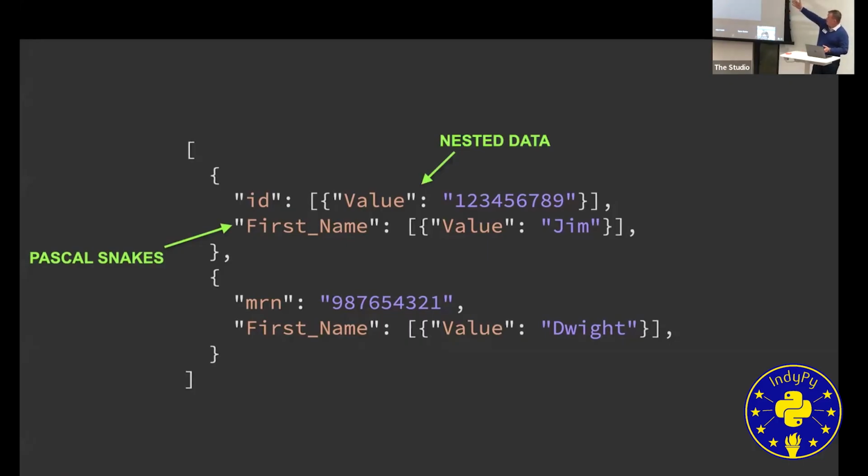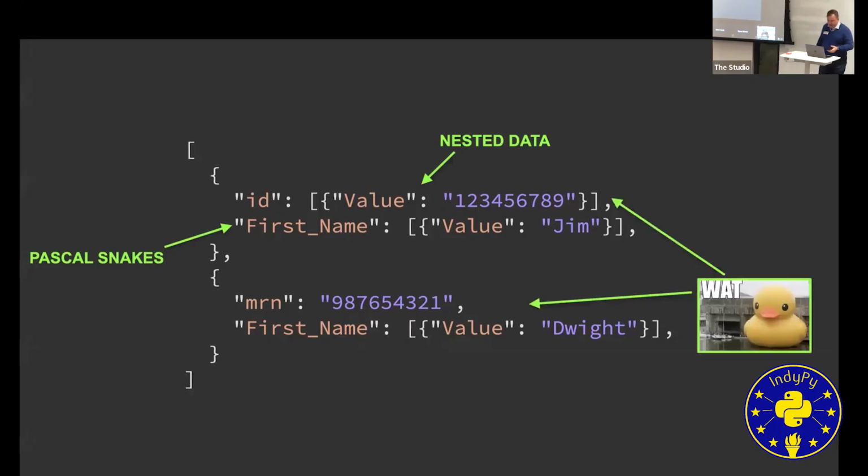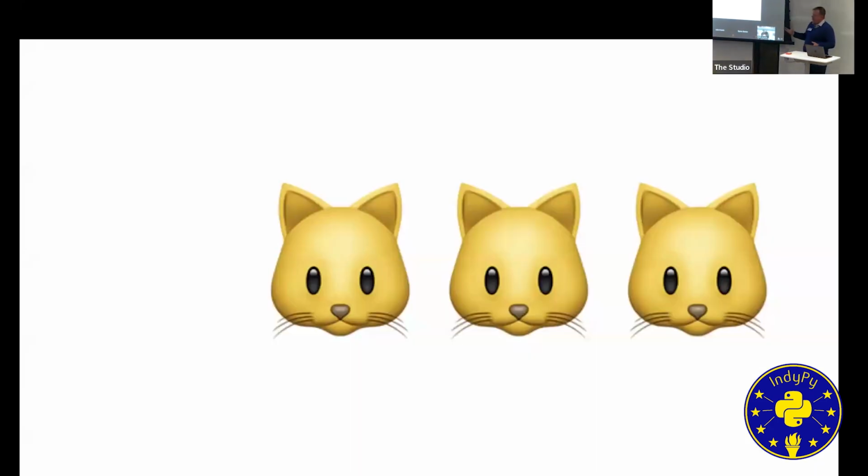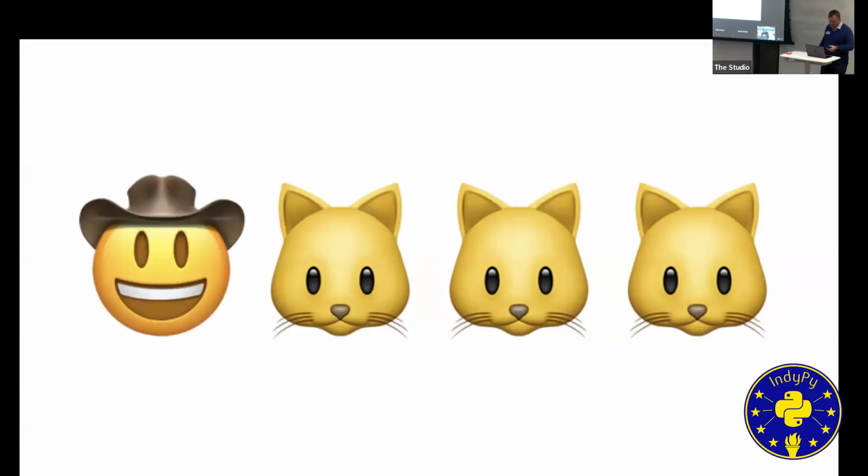We've got a value that is nested within an object that is nested within a list, instead of just being directly associated with the ID key. And we've got whatever's happening here, where we've had an ID that's in one place, and in another place, it's called MRN. So we've got some data cats to herd. Fortunately, we have a cat herder, and his name is Pydantic.